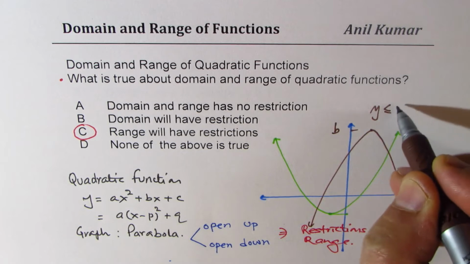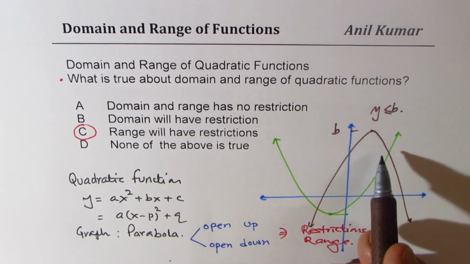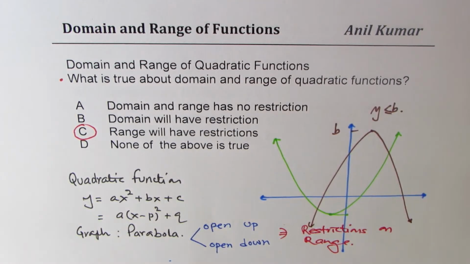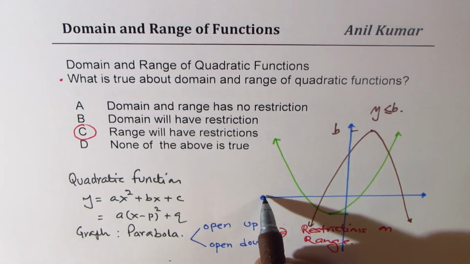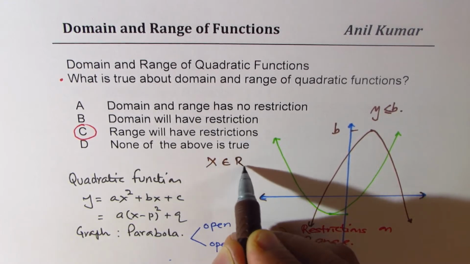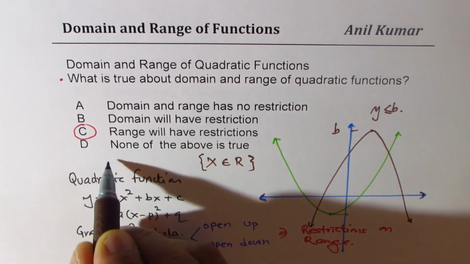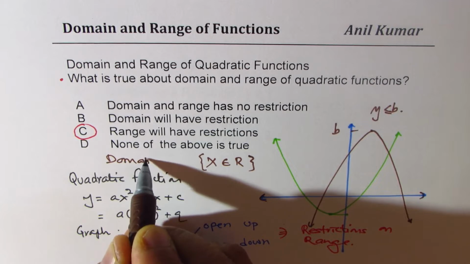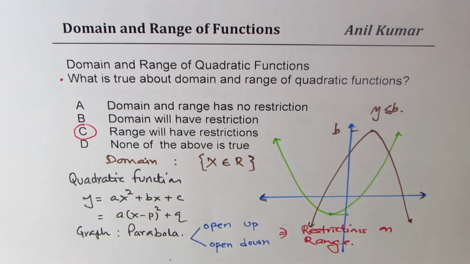Let's say this value is b. So there is a restriction. Do you see that? However, we know that domain has no restrictions, so x belongs to real numbers. That is the domain of all parabolas or quadratic functions. I hope that concept is absolutely clear.